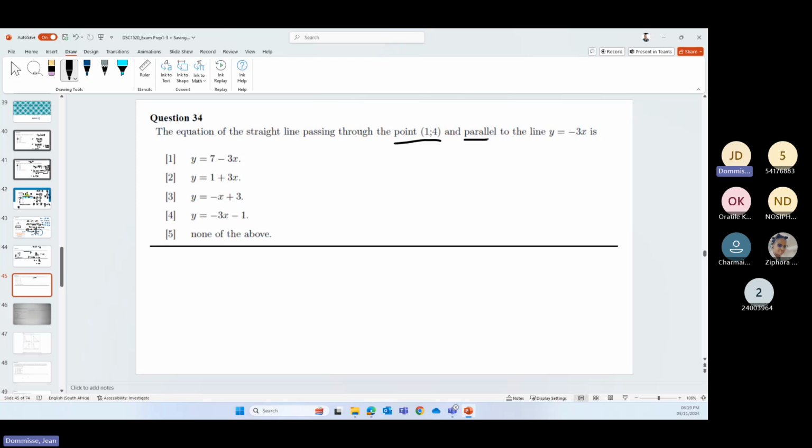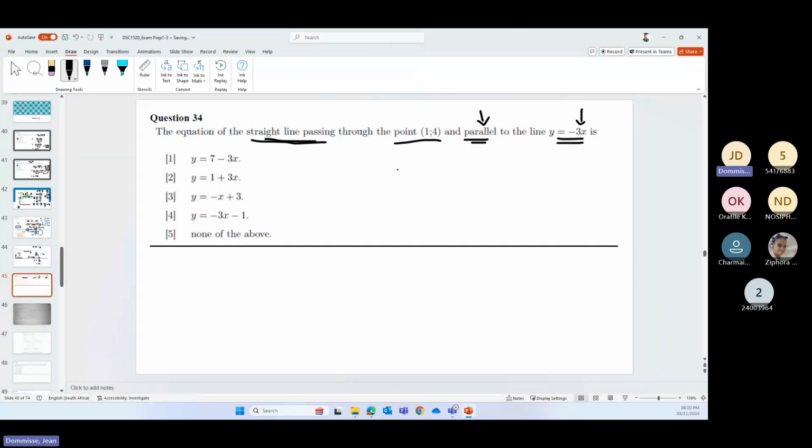So parallel to this line. When we have this word parallel, I know the line that I need to write down has exactly the same slope as the one that it is parallel to.